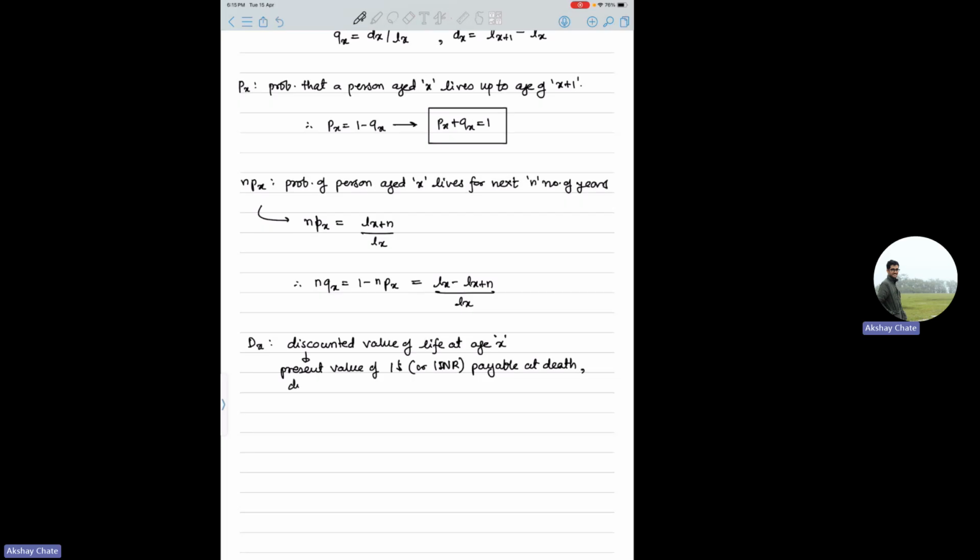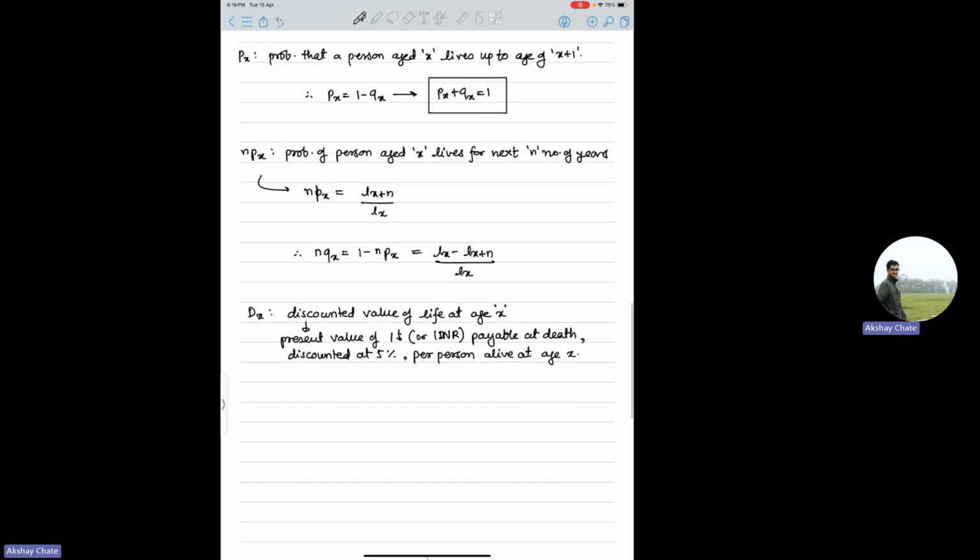Because we are talking about discounted values, we should know the discount rate. We consider 5% here, per person alive at age x.